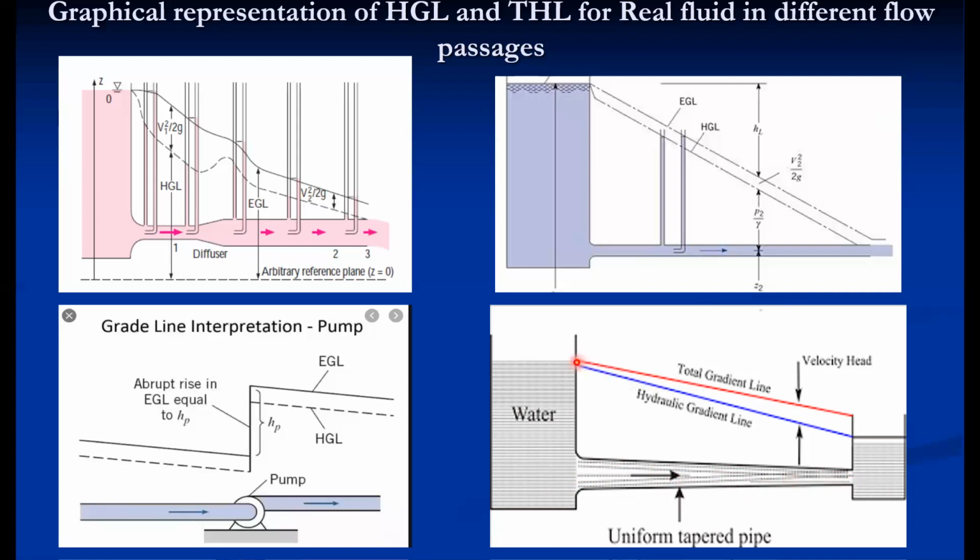So that is reflected here. Here the velocity is 0, and continuously this gap increases. As the gap increases, that means velocity increases, because that gap indicates the velocity head. So velocity increases as the flow progresses.